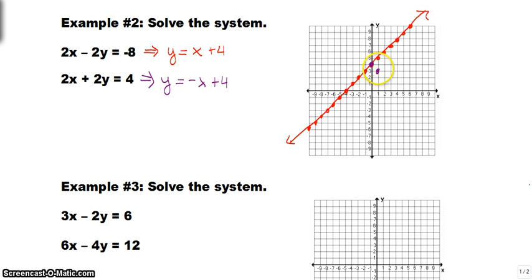So for this one, I'm just going to plot 3 points to get my line, since I know where they intersect. Now if the intersection point wasn't the y-intercept, you would need to keep plotting points until you found where they intersected. So we can see that our intersection point is right here. So we can say that our solution is the point (0, 4).